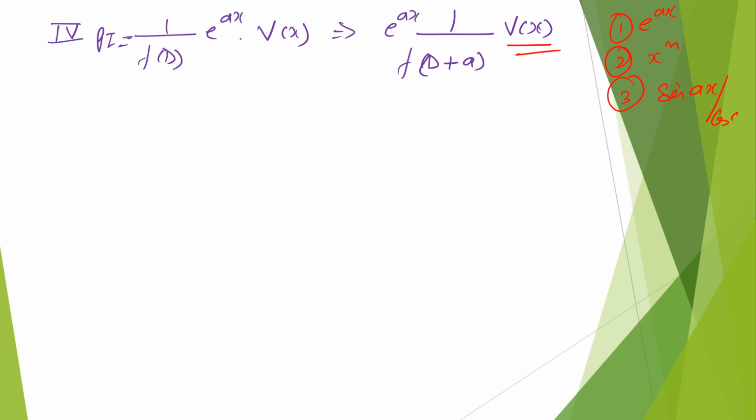Now considering the example, solve the differential equation d square plus 3d plus 2y is equal to e to the power 2x into sin x.